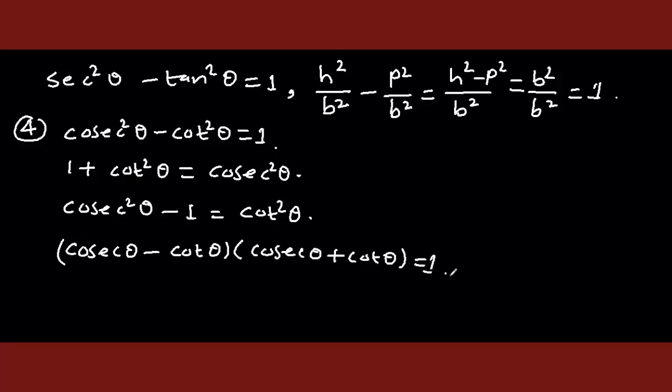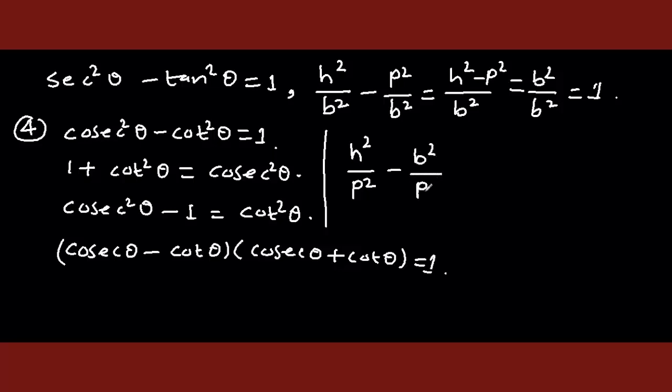So you have to write the form, you have to remember the formula in all the forms. Now, what is the proof for this? Just like the previous case, cosec theta is h by p, so cosec square will be h square by p square, and cot square will be b square by p square.